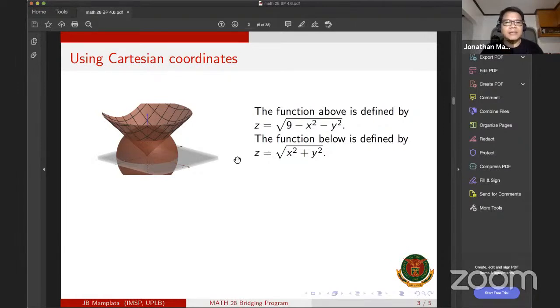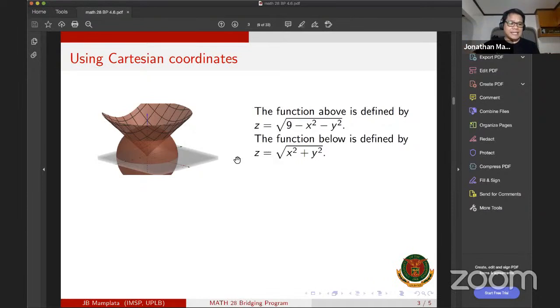Ang susunod naman natin kukunin ay yung nasa middle integral at yung nasa outermost integral. And that is defined by the variables x and y. So since they are defined by the variables x and y, ibig sabihin, itong solid na to, ipoproject mo on the xy plane.